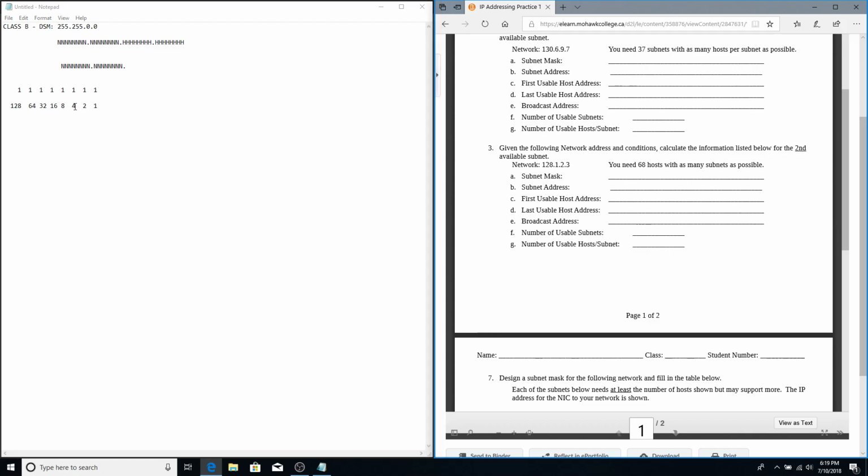Remember too with hosts, another rule that's really different than finding the subnets is you always take away 2 from the total hosts. So if I gave you an example where we needed 4 hosts, and I said, well, we have a 4 right here, remember you can't use that 4, because once you take away 2 from this 4, it becomes 2, and now we haven't satisfied the 4.